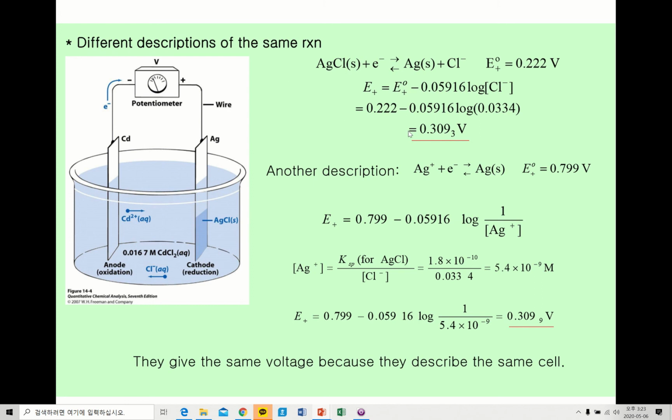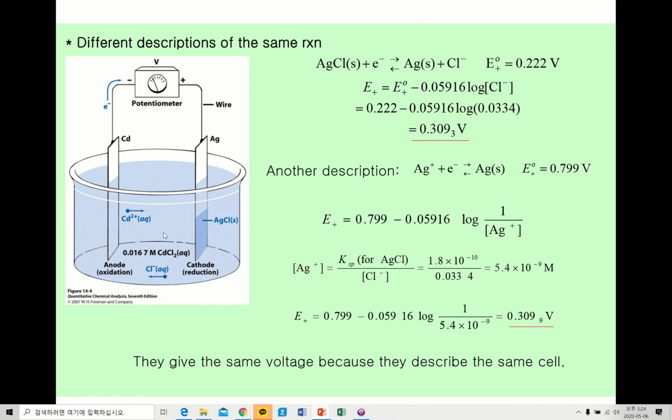And write the Nernst equation. Since this is a cathode, E plus equals 0.222 minus, n is 1, 0.05916 log the concentration of chloride ion. In this case, what's the chloride ion concentration?